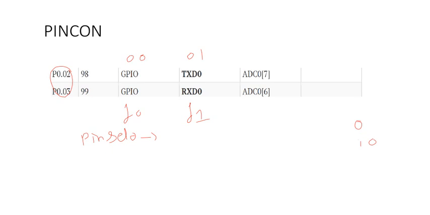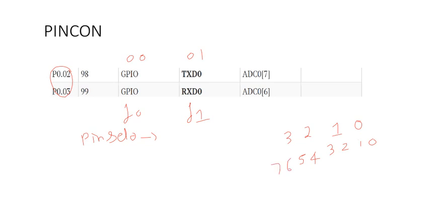Similarly, pin 1 has bits 2 and 3, pin 2 has bits 4 and 5, and pin 3 has bits 6 and 7.